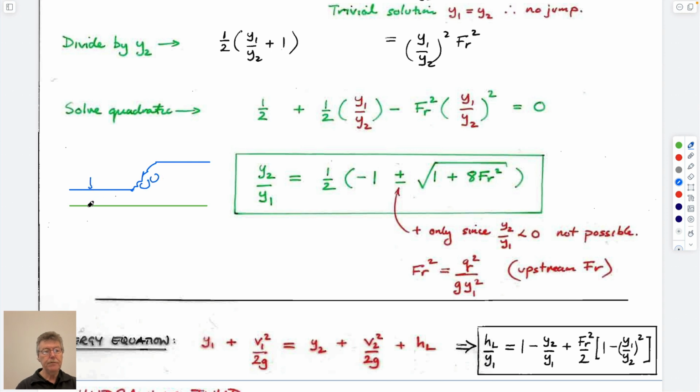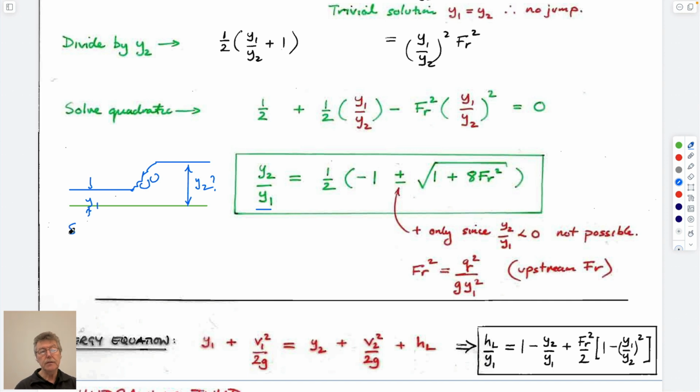If we have a depth of flow in the upstream portion and a depth of flow in the downstream portion, then we can define this term here as a function of a known upstream portion.